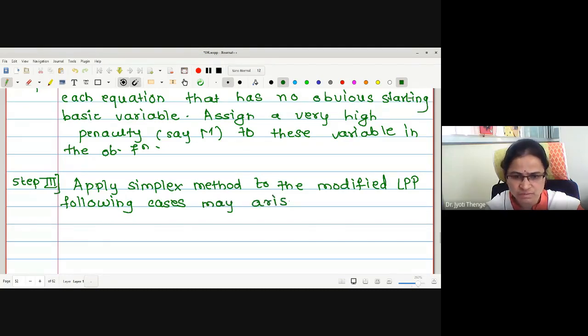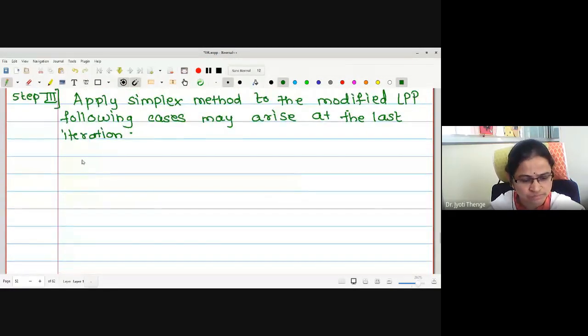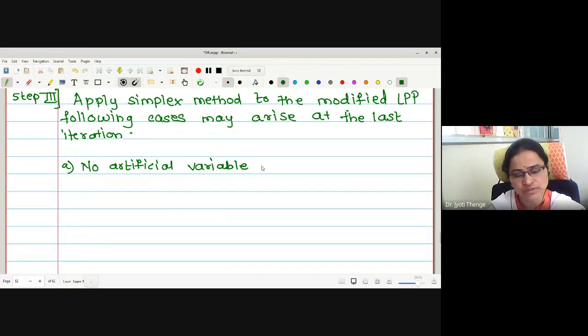Following cases may arise at the last iteration. What is the last iteration? The iteration at which we get all delta j's non-negative. Correct? Yes, ma'am. No artificial variable present in the basis is the first case.